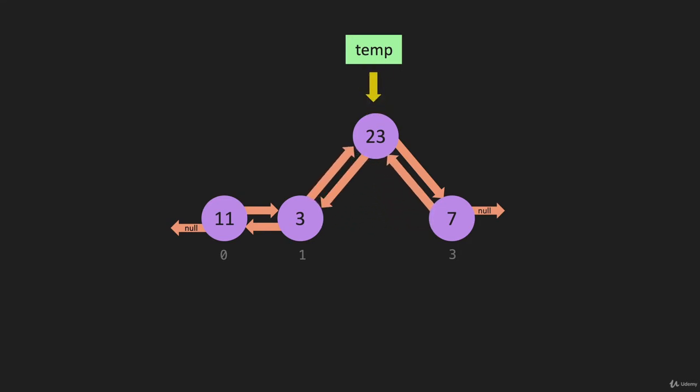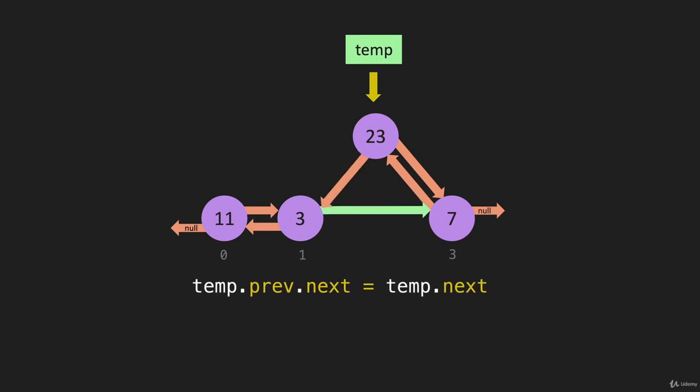We'll say temp.previous.next is equal to temp.next. Like that. And that will point that to that node.